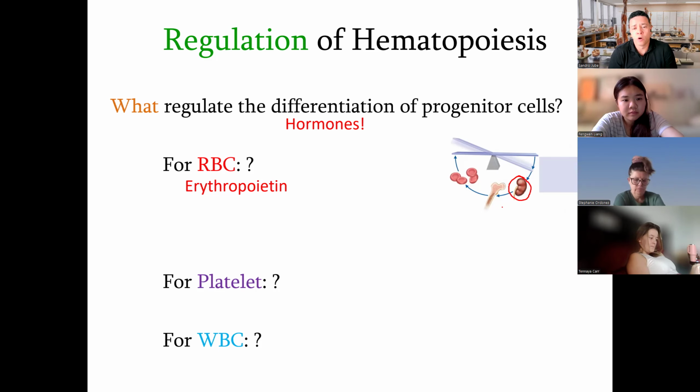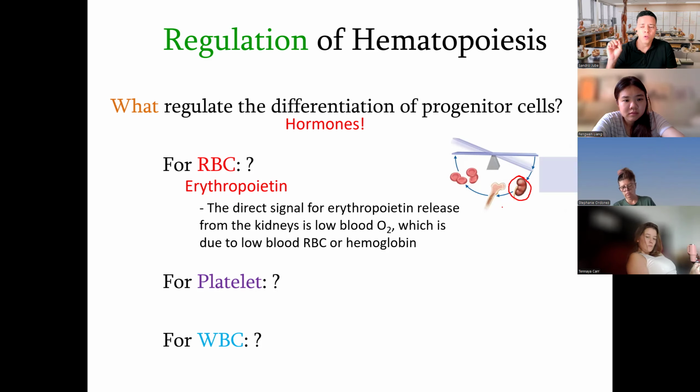One of those hormones produced by the kidneys is erythropoietin. And erythropoietin is going to go all the way inside the red bone marrow and is going to activate the hemocytoblast to differentiate into a myeloid stem cell, which will then differentiate into a red blood cell, increasing the number of red blood cells in our blood.